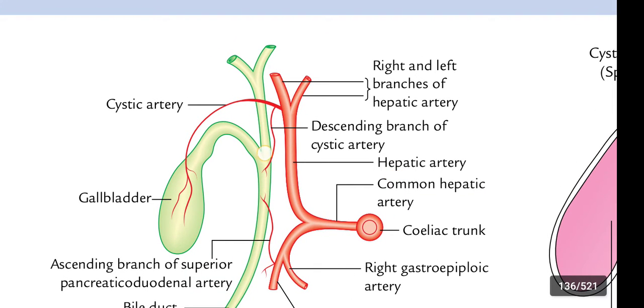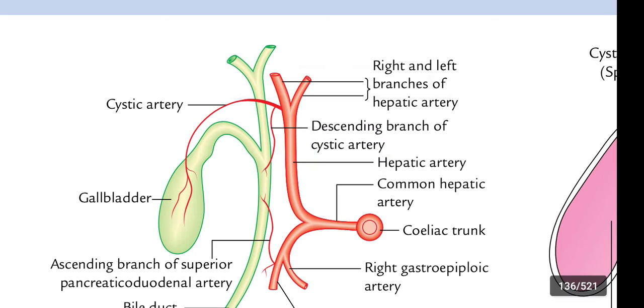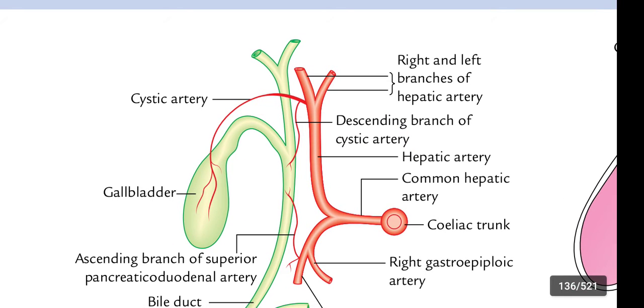This is the descending branch of the cystic artery. This is the cystic artery, which arises from the right hepatic artery, as I already learned before, or from the main trunk of the hepatic artery, or from the left, or from the gastroduodenal artery.